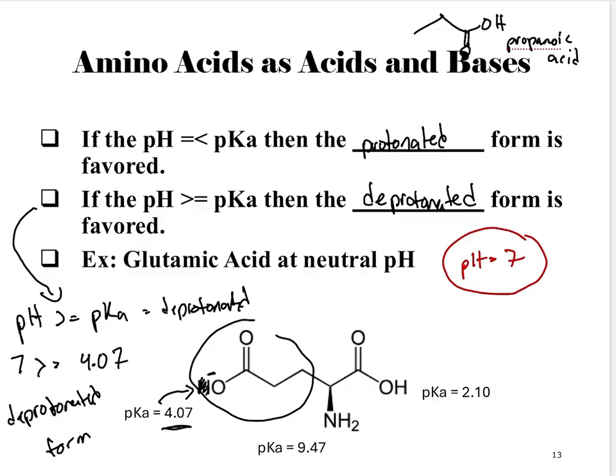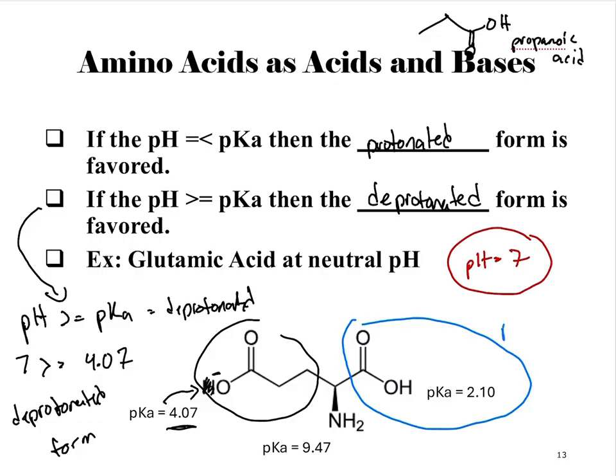So now let's look at the C terminus, right, which is over here. The pKa is 2.1. So is it going to be protonated or deprotonated? It should be deprotonated, right, because the pH is greater than or equal to the pKa. 7 is greater than or equal to 2.10. So that means it's deprotonated. So the carboxylic acid group turns into a carboxylate.